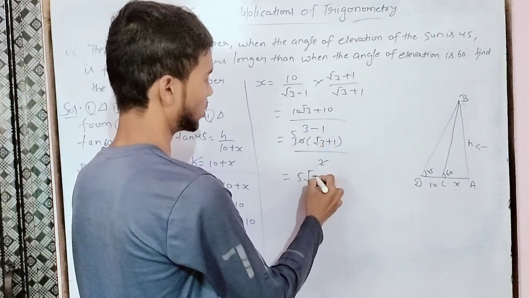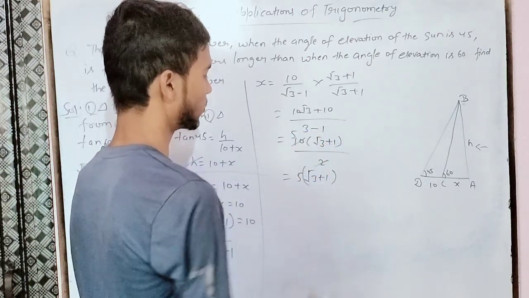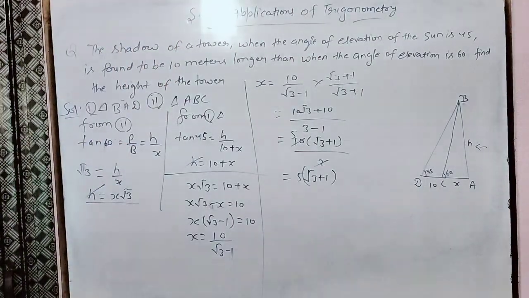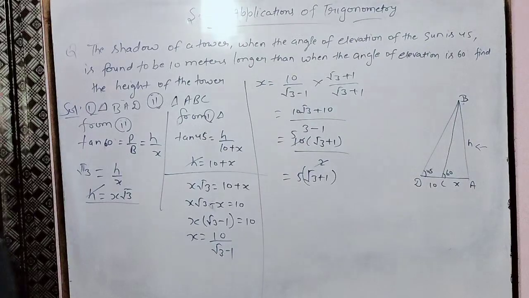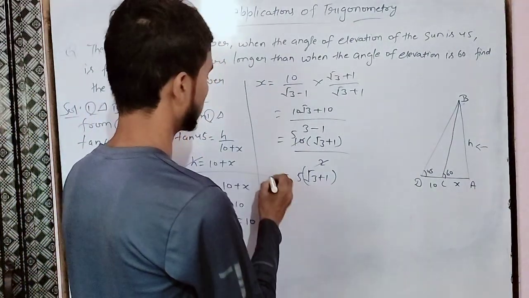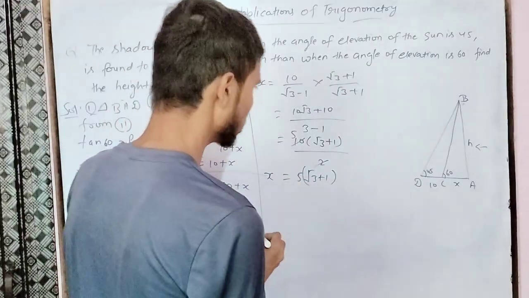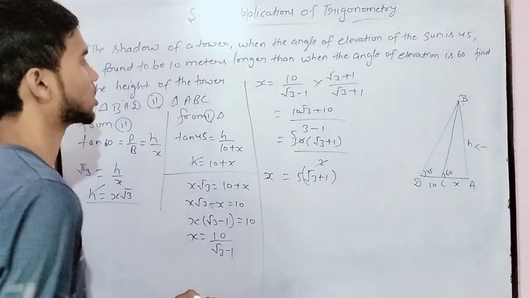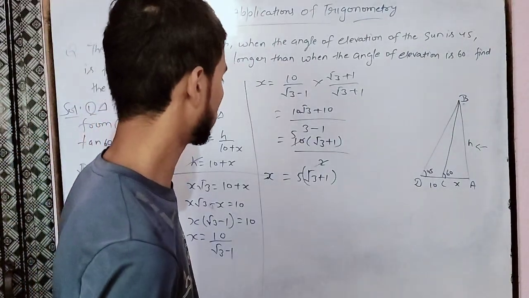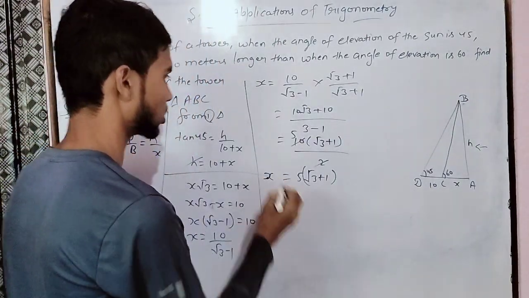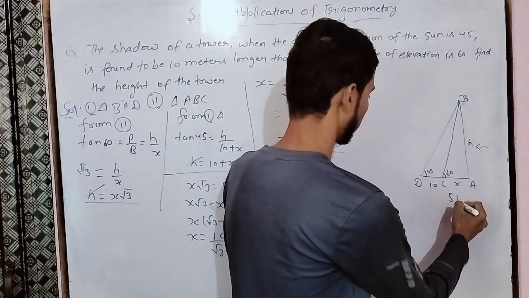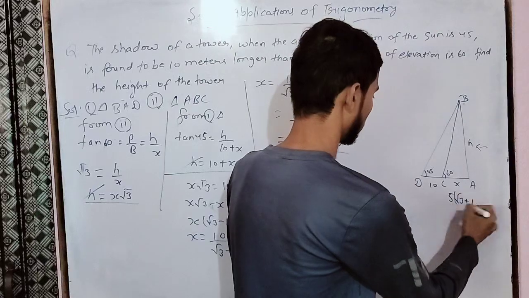So finally we got 5 into root 3 plus 1. This is X.